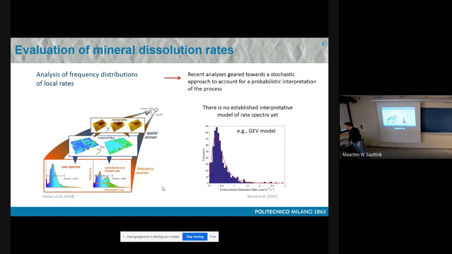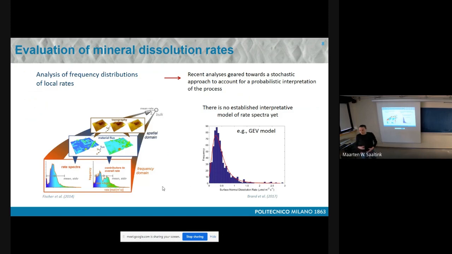We are not the first ones trying to come up with a description based on some statistics of reaction rates. However, at least what we found in the literature were analyses associated with the frequency distribution, and from that frequency distribution, maybe coming up with some extreme values with a generalized extreme value model.